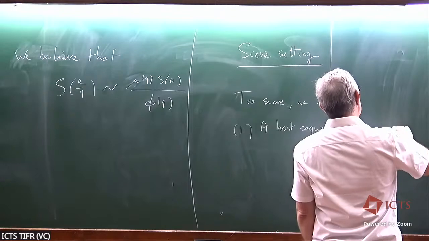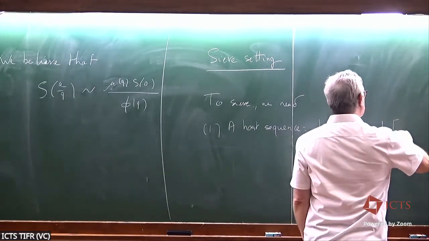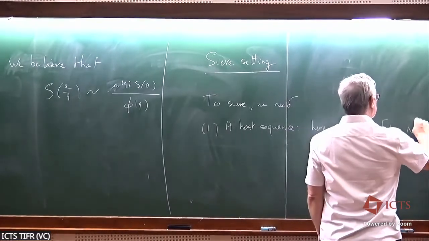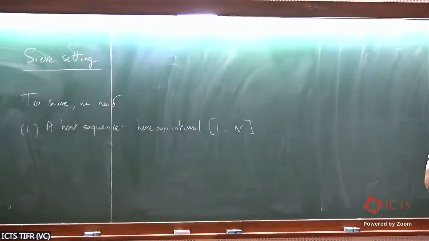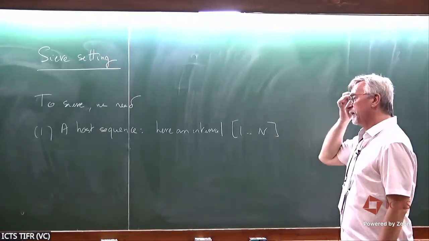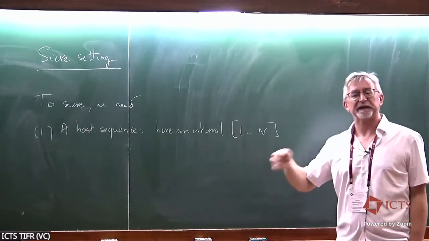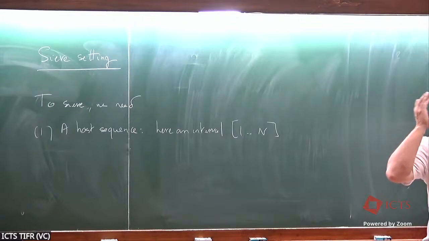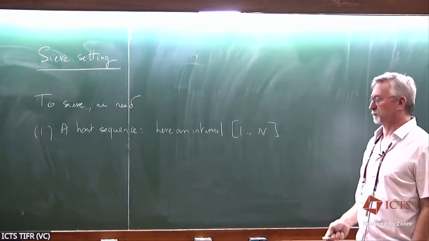Here, an interval. So that's the interval 1, n. Or m plus n, it's an interval. That's what you get in the large sieve. When you want to sieve something else, you use Selberg sieve, you use other things. Here you use an interval. Or else you ask Fourier if he wants to sieve some other thing.